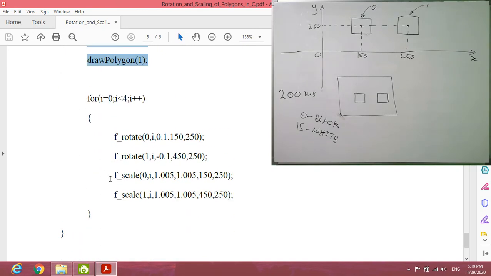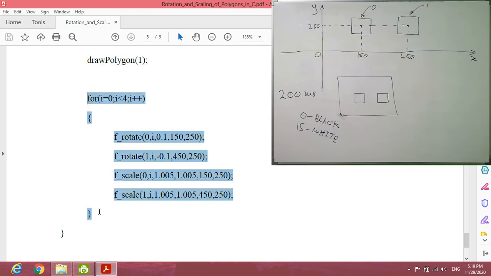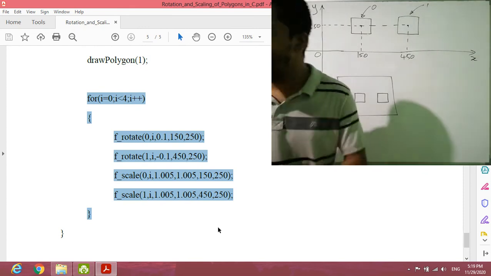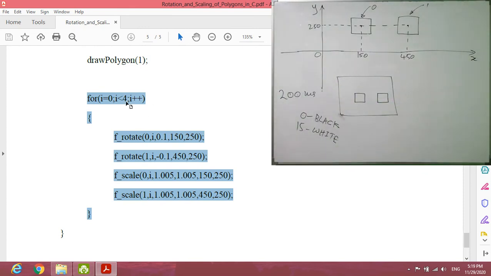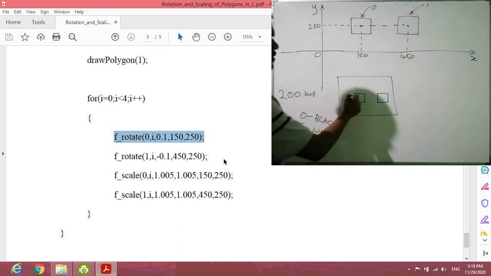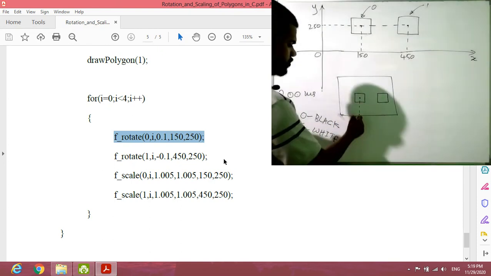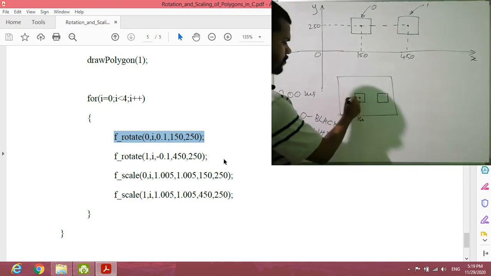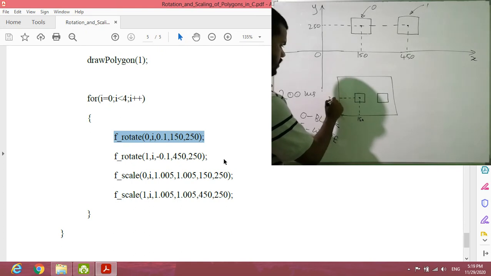Then here what we do is we have a for loop. There we apply it to each of the four vertices. Then we apply fixed rotate. Now the coordinates of this one are 150 and 250.